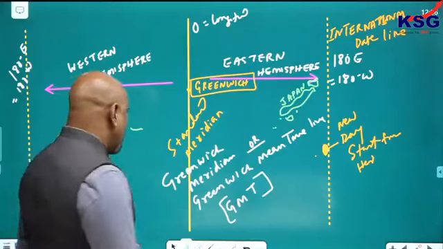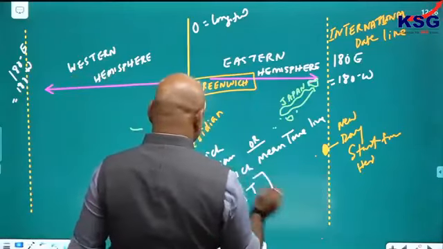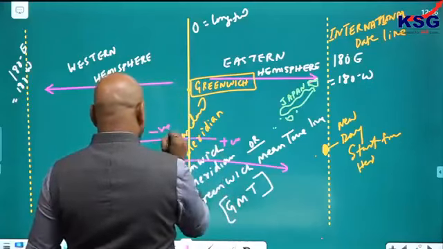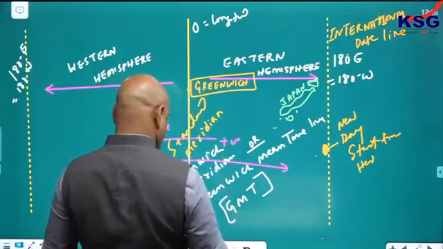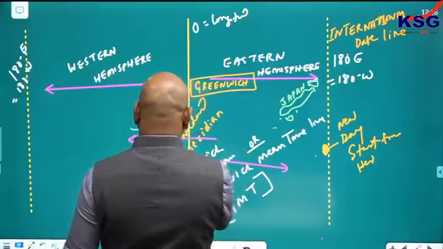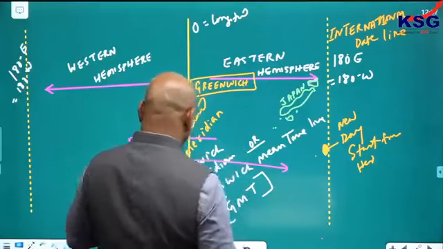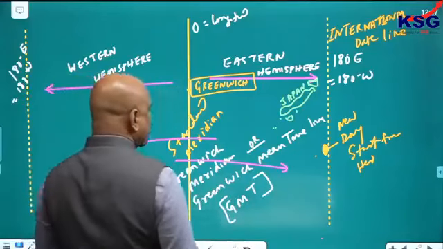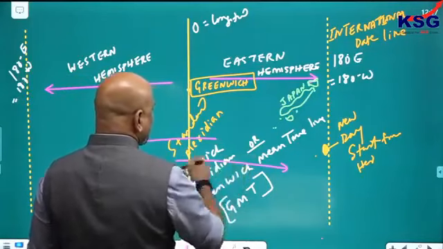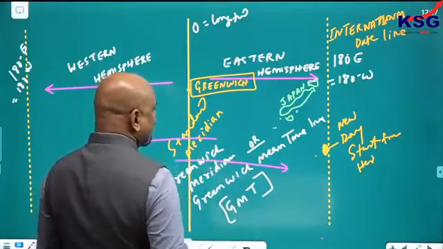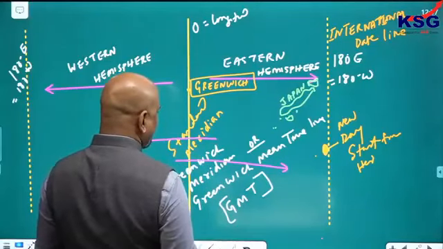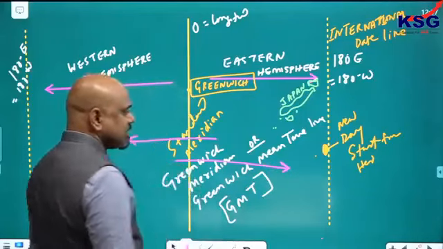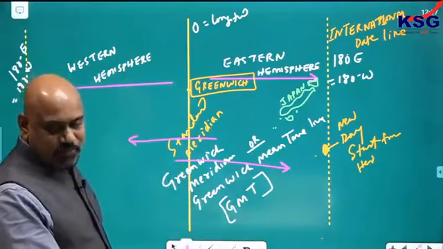So while you are traveling from here to here, you have to add. Tell me, add or deduct this side? If you know the time on this side, we need to add, and if you know this side, you need to deduct. So timing will be, tell me, towards east gain.